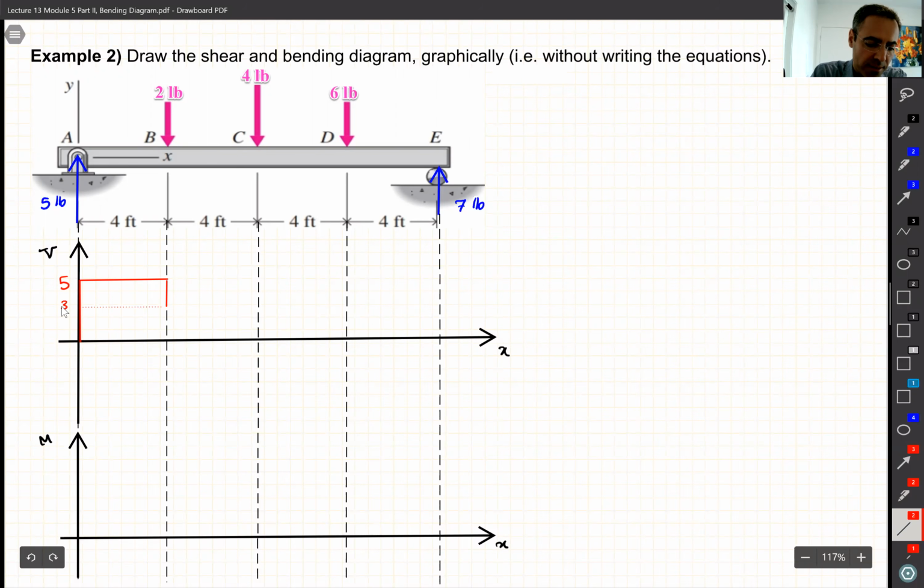And then everything is the same, constant, go there. And then 4 coming down. So now I'm at -1, like this point, here is -1. So -1 going down there. And then what else? So 6 coming down.